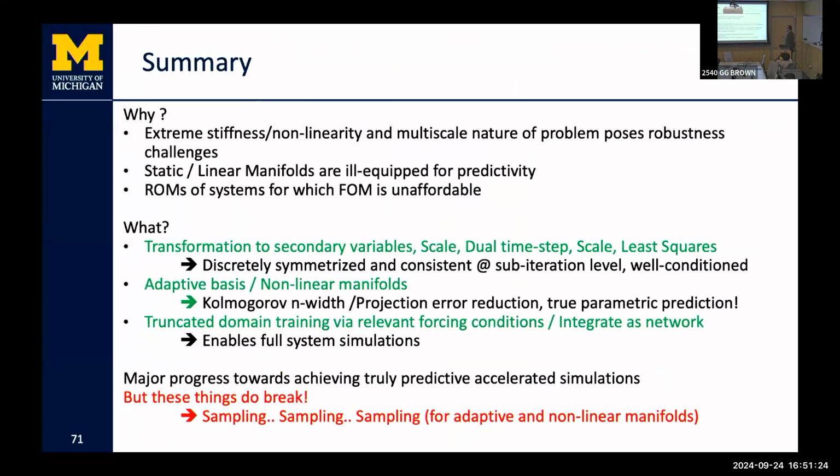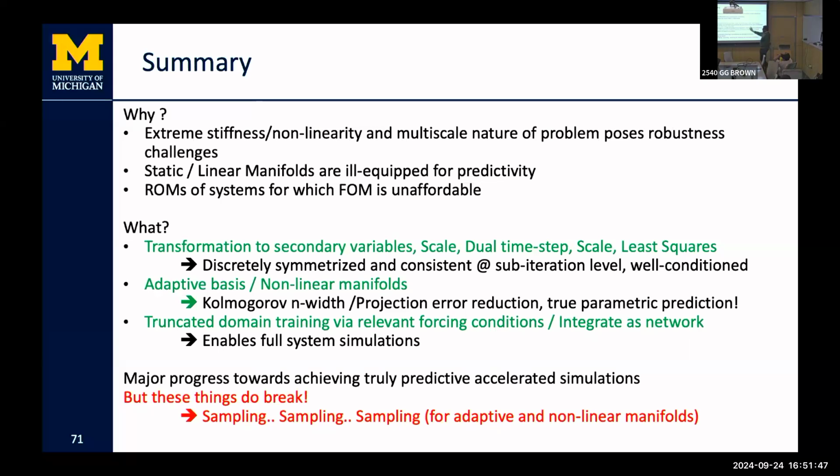So again, what did we do here? The three parts of the talk. The first part, which I actually spread through all the parts, was that by transforming to a secondary set of variables, scaling, dual time stepping, and then applying least squares, you can make ROMs stable and well conditioned.